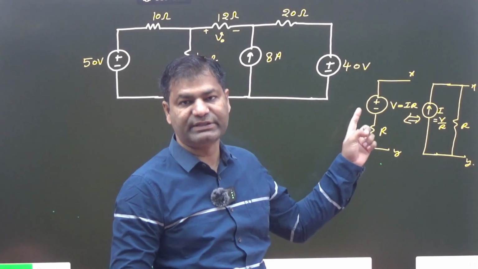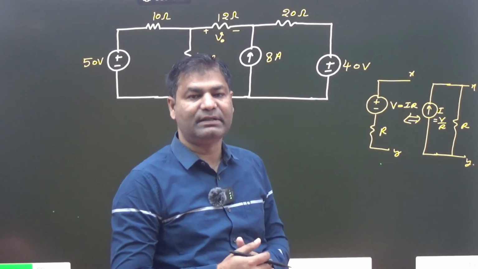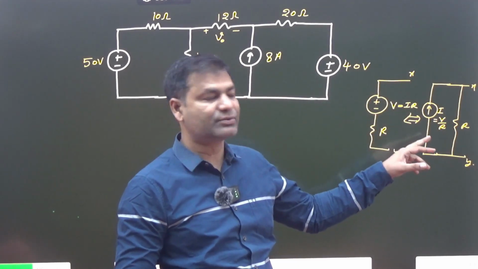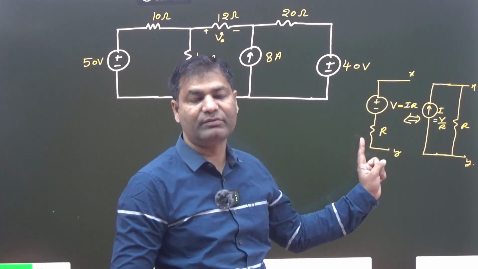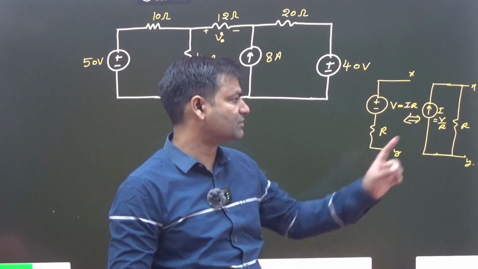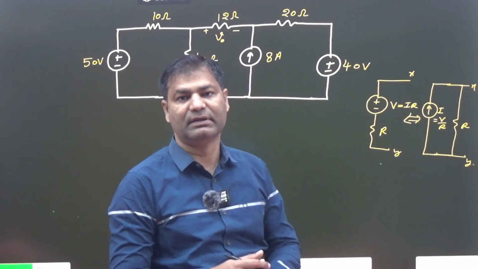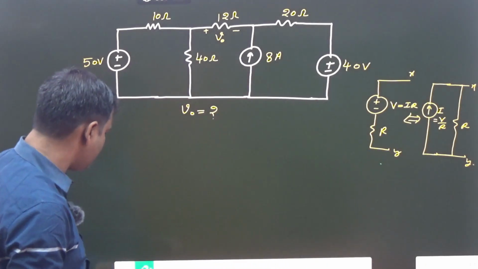If the voltage polarity is given plus here, minus there, then you can convert it to a current source, written V by R. And what about the current direction? Current always leaves from the positive terminal, so that's why the current direction is like that. Clear?